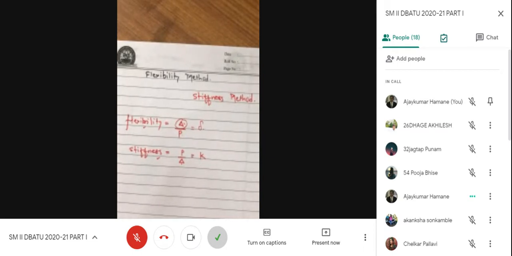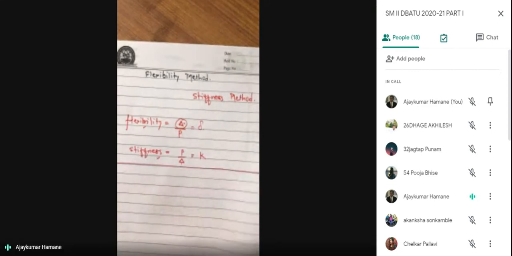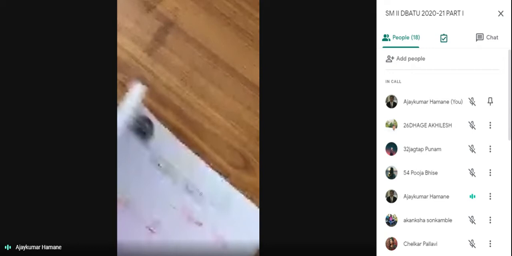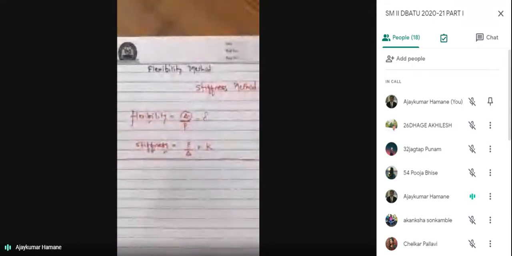Now, you understood what flexibility and stiffness are? Already you know what an indeterminate structure is, where we cannot find the support reactions by using equilibrium equations alone.